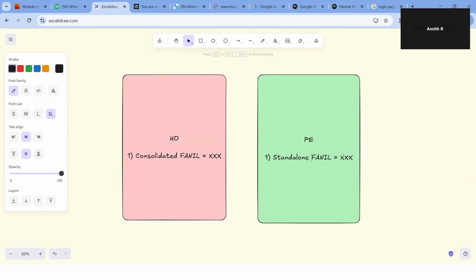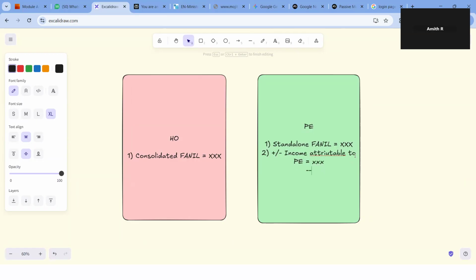What is the first adjustment? You have to find the income attributable. So you have to adjust, add or minus, the income attributable to PE.